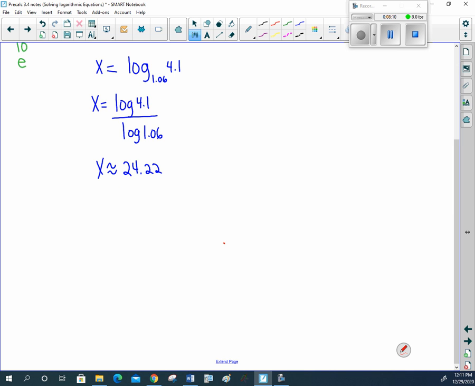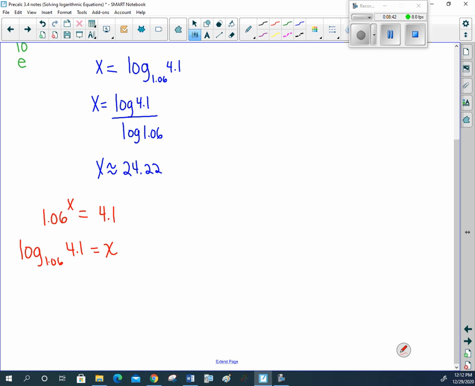Let's get some more room. 1.06 raised to the x power equals 4.1. If I were going to rewrite that as a logarithm, I would say log base 1.06 of 4.1 equals x. See how we just got to skip that whole middle step, taking the log of both sides. But knowing what base to choose when taking the log of both sides is an important property, so that's why I show it.